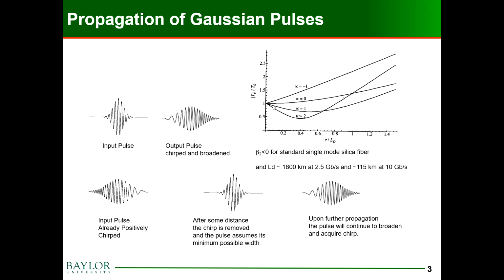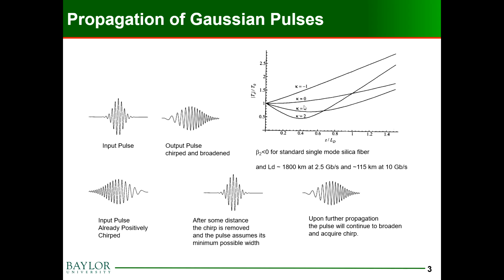If we don't have any chirp at the beginning, the C in our lecture, called K here from a different paper, then the pulse width increases monotonically. If the chirp and the dispersion have the same sign, the broadening is faster than with no initial chirp.